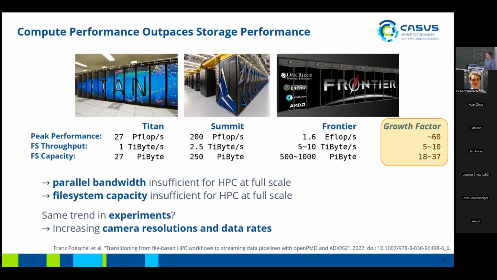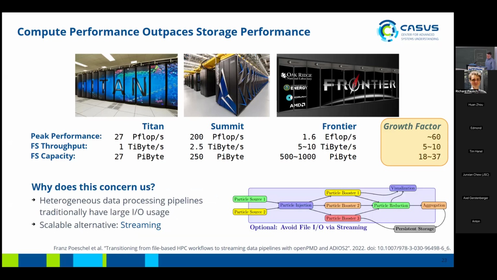We see the same trend in a different way in experiments, where we have increasing camera resolutions and data rates. And this is important for us because a typical scientific workflow is going to exchange data.